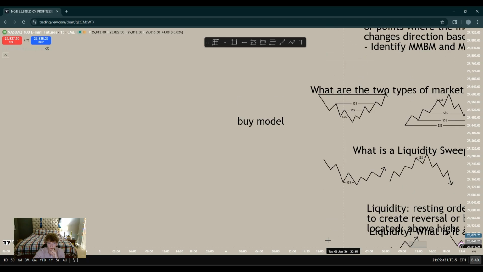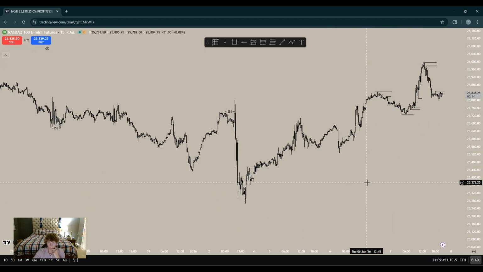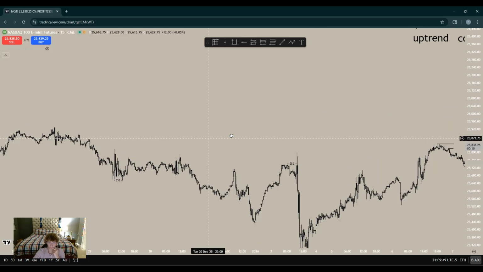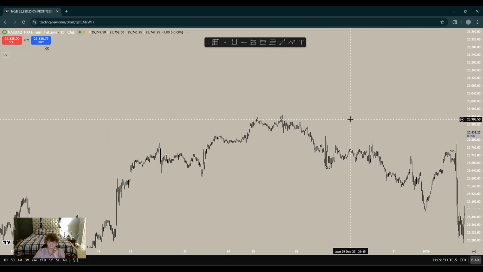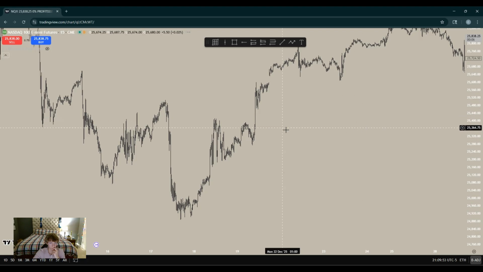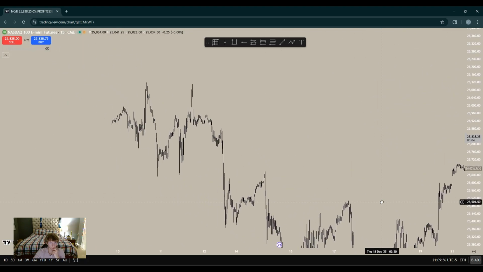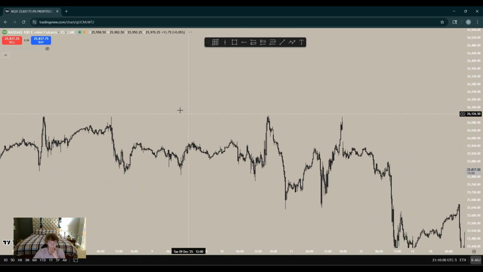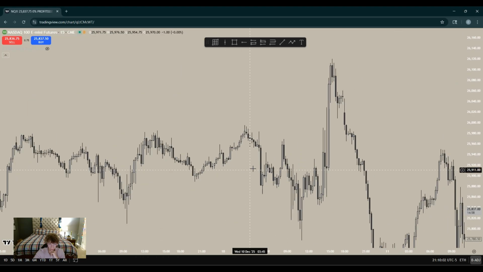So let's go identify some market maker buy models and sell models in the market. Let's find some good ones. Beautiful, right here. There's a buy model.